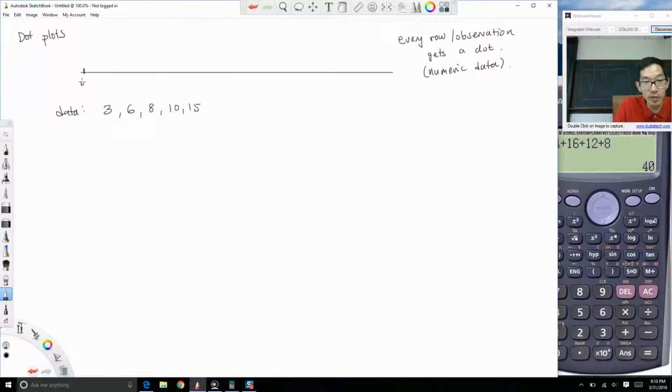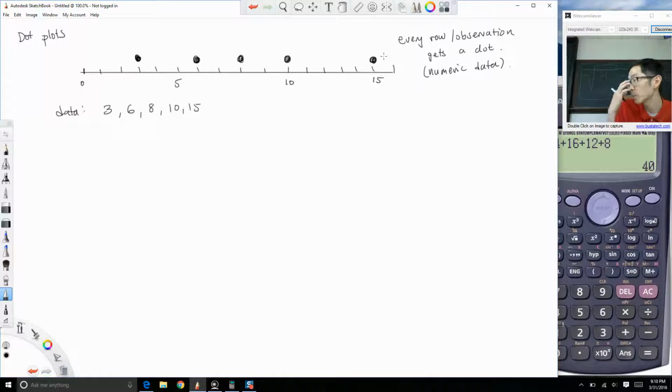We can start off at 0 and then 1, 2, 3, up to 16, whatever. Every child, or every row, gets a dot, so you'd put dots something like this. And if you had 100 people in your data table, you would have 100 dots.